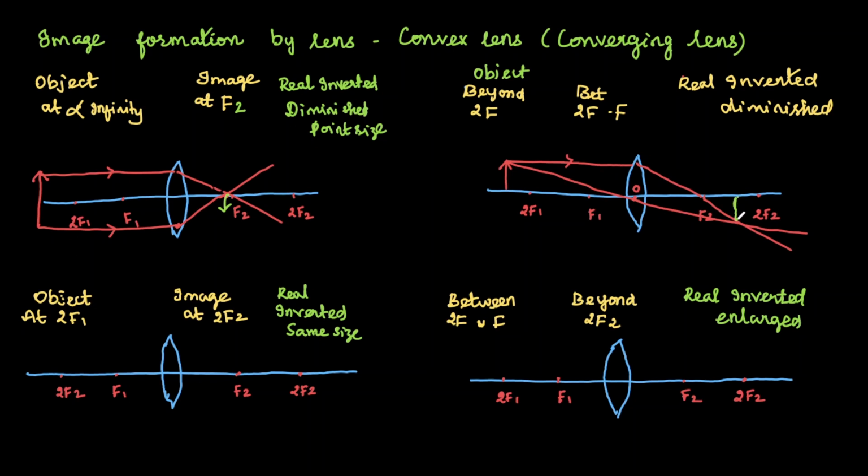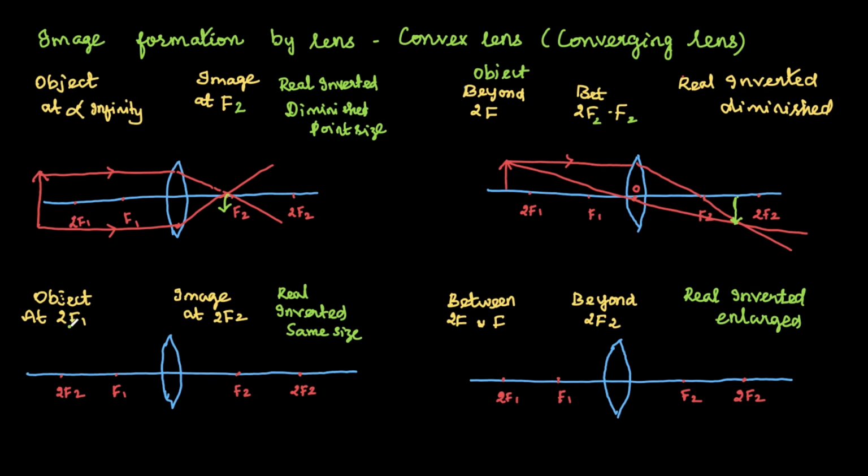The image will be formed between 2F2 and F2. The nature of the image will be real, inverted and diminished.